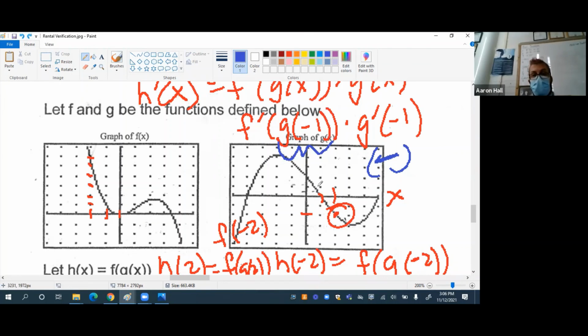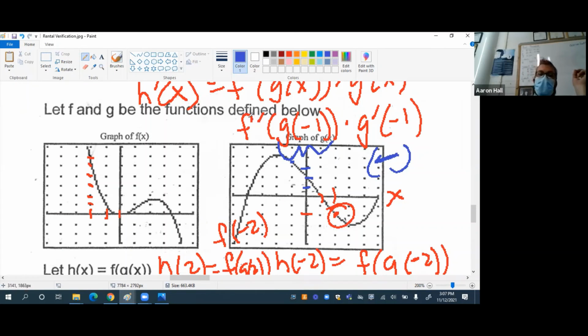What is g of negative 1? It's hard to tell. 1, 2, 3, maybe 3.5. Okay, 3.5.